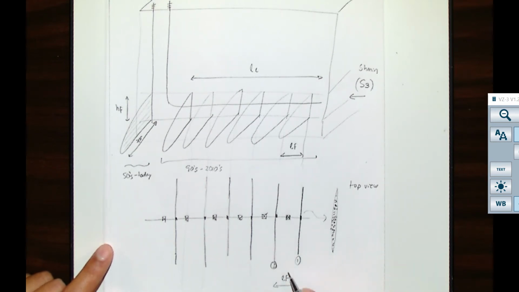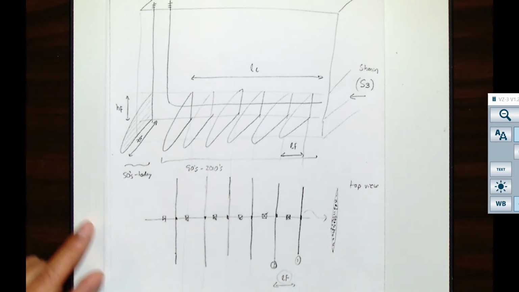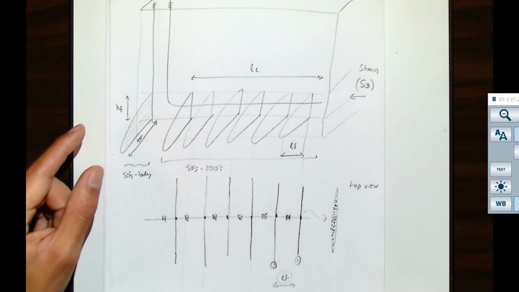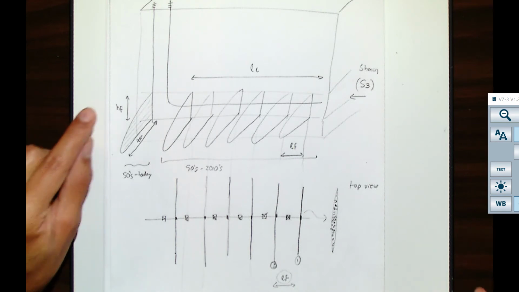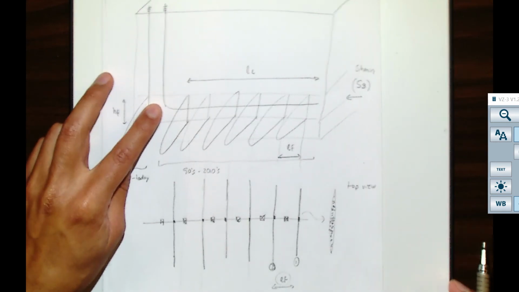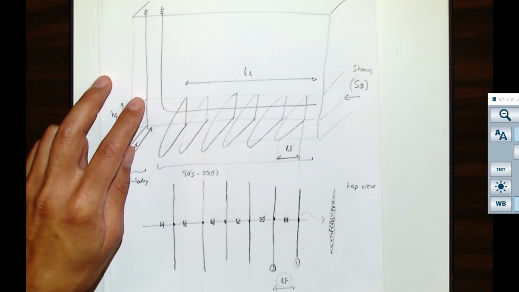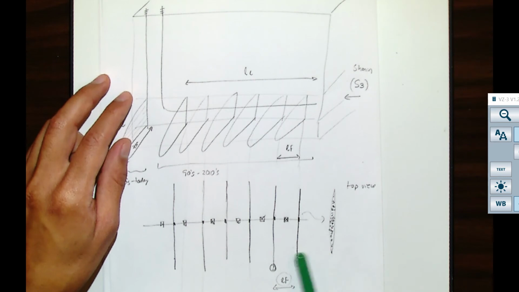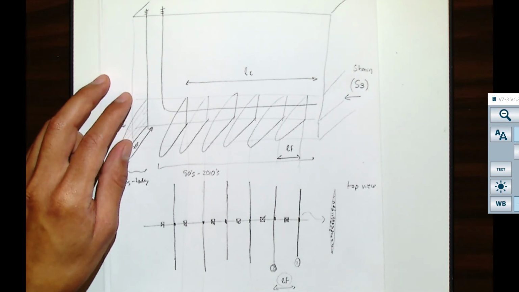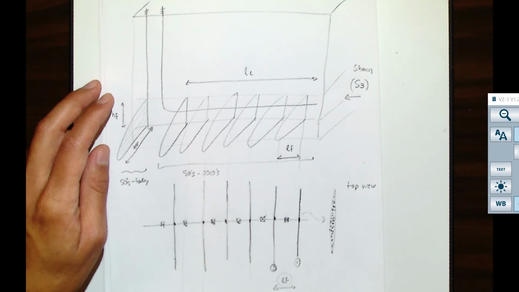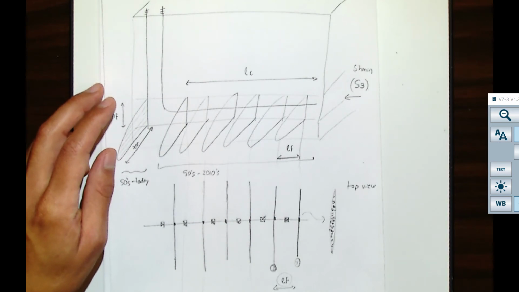So, tentatively, you may say, I'm going to put these fractures as close as possible, because if I do that, for the same wellbore, I'm going to have more fractures, and I'm going to have more surface area in order to produce out of this wellbore. Well, the problem is that if you get them too close, then they start to interact with each other, okay?